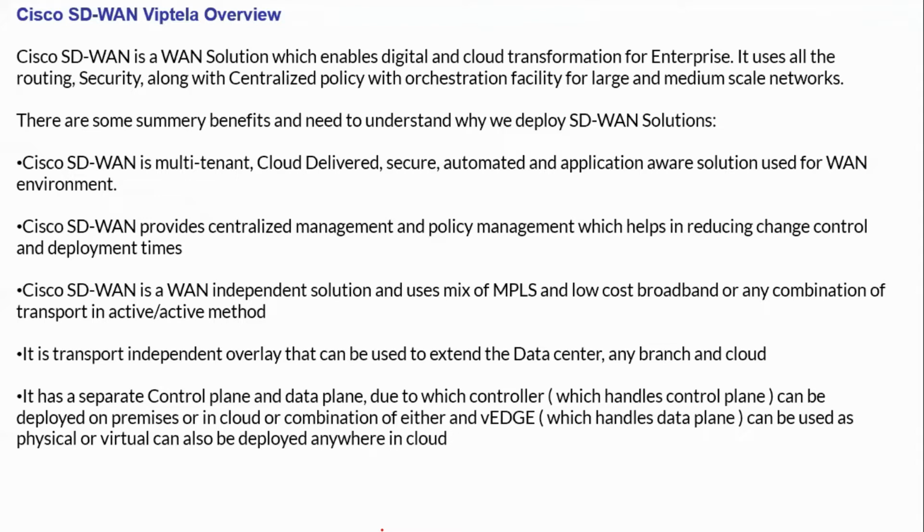But if you express your desire in vManage, the controller of the SD WAN, it will be done automatically. So Cisco SD WAN is a WAN solution which provides digital and cloud transformation for enterprises. It includes routing, security, centralized policy, and orchestration facilities for all large and medium scale networks.